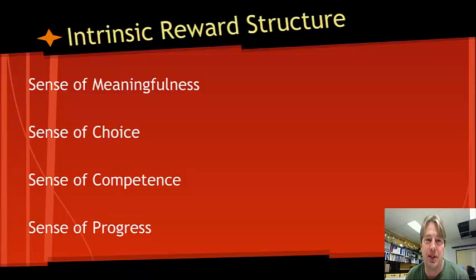A sense of competence, so having a sense that the knowledge they come in with is adequate to tackle this challenge or this activity that you're creating for them. Also, that they will get credit for the skills that they have mastered during this activity. Then a sense of progress, some way that they can see the different milestones of their achievements, some way that they can measure their own improvement.